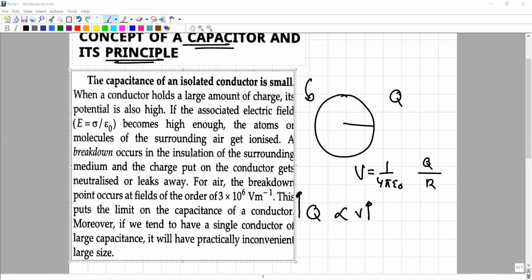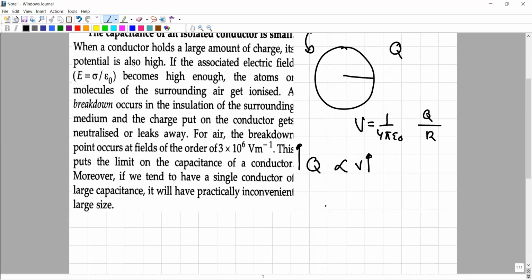It is not good. Why is that so? Because you already know that the potential developed on a conductor will also be proportional to the electric field. That means if the conductor has high potential, it will also have a very high electric field.